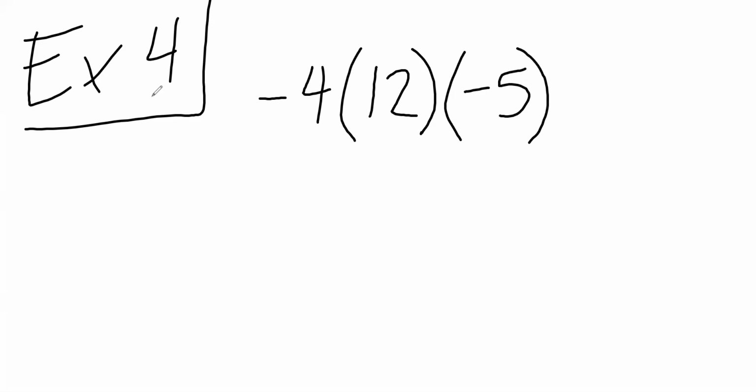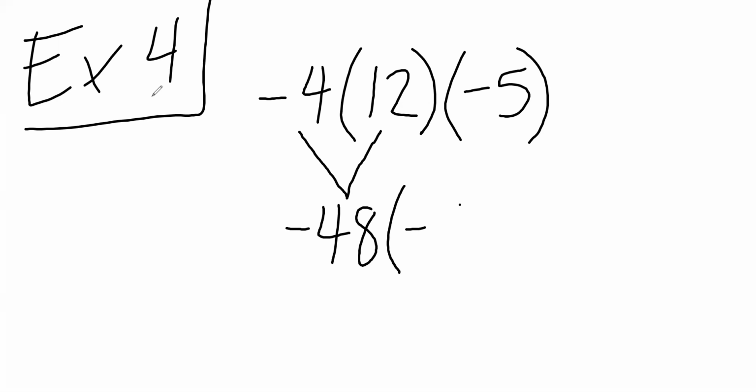Ellen, how do I do this one? Yep, multiply. I'm just going to go from left to right because it's all multiplication. I'm going to multiply my -4 times my 12. That's going to be -48. Then I'm going to bring down my -5.